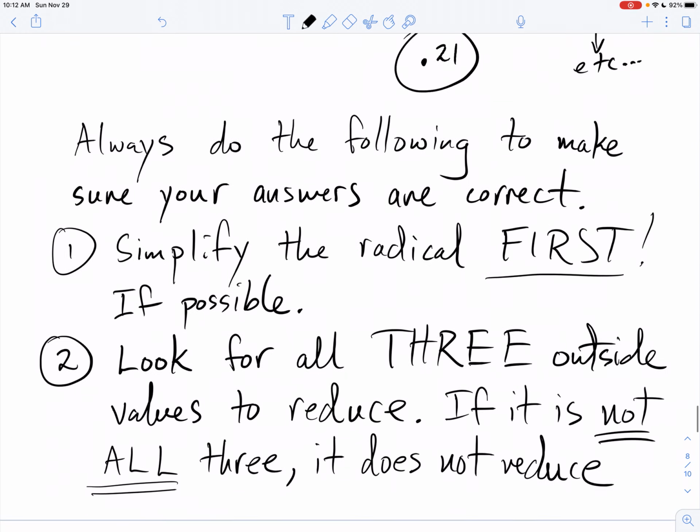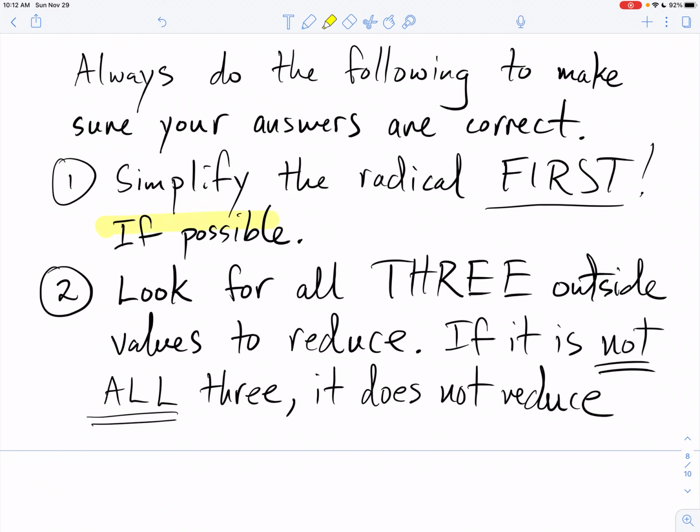First, simplify the radical. Simplify the radical first. And that's if it's possible. Sometimes it's not possible, but if it's possible, you always simplify before you try to reduce anything. And then, once you do that, look for all three outside values to reduce.